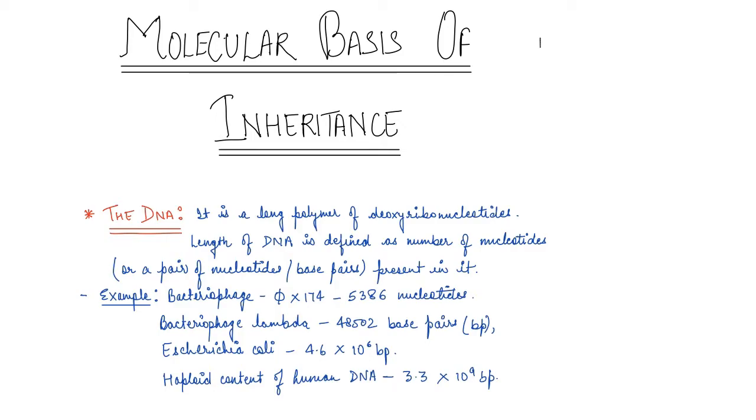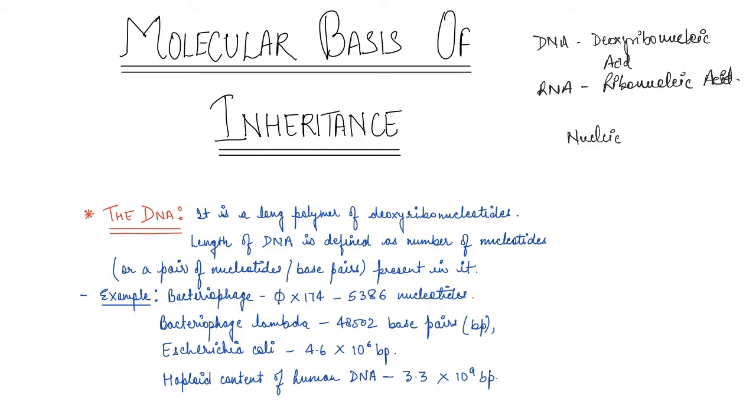Now, DNA, which is also known as deoxyribonucleic acid, and RNA, which is ribonucleic acid. Both are different types of nucleic acids, as the name suggests.